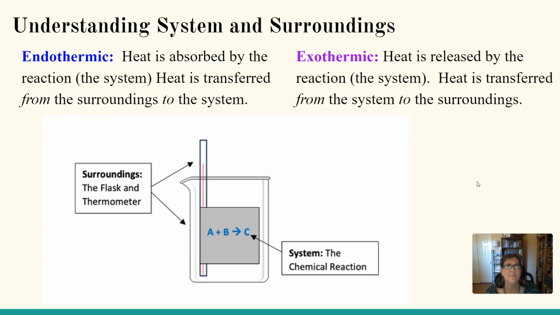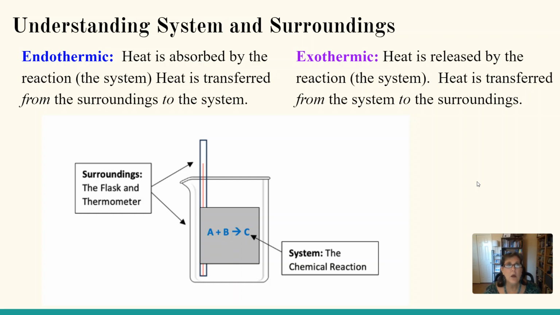All right. So, thinking about the system and the surroundings, the system is the chemical reaction itself. That is the black box, A plus B makes C. Okay, that is the chemical reaction. The surroundings would be the thermometer and the beaker. Okay, I know it says flask, but it's a beaker. So the surroundings surround the chemical reaction.